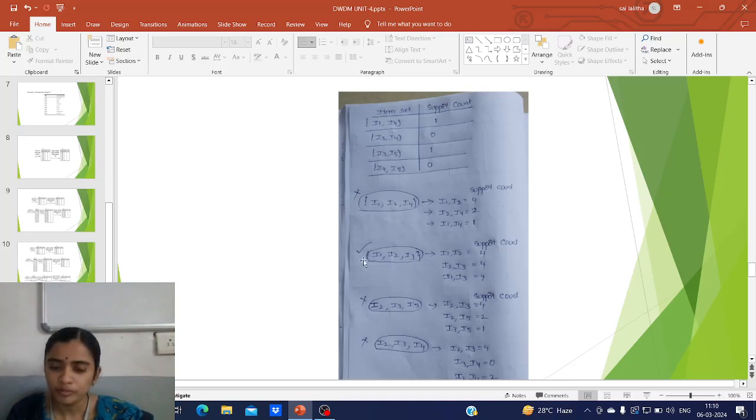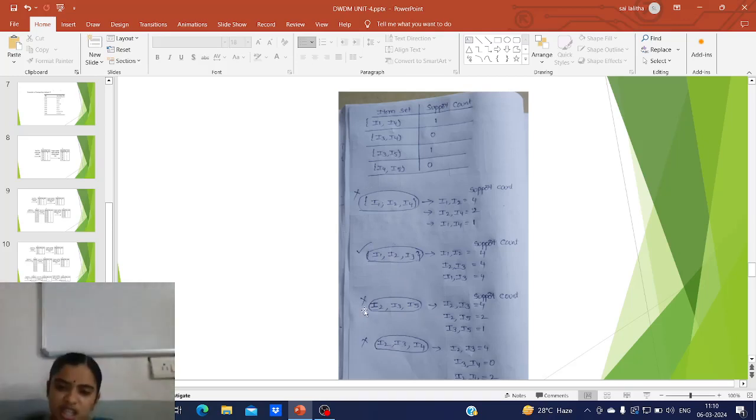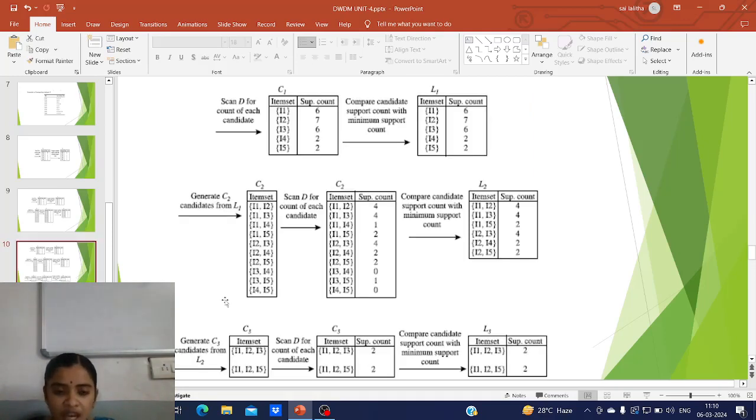You have to prepare different combos and check whether each is eligible for the three-item set or not. After doing a lot of calculations, finally we got the I1, I2, I3 item set and the I1, I2, I5 item set in the candidate item set.